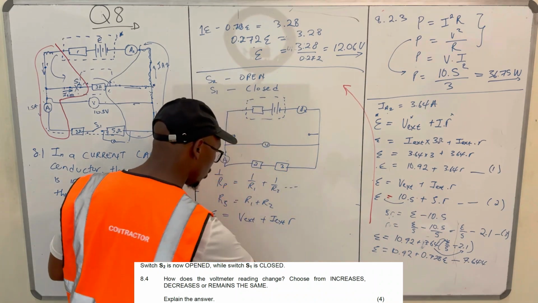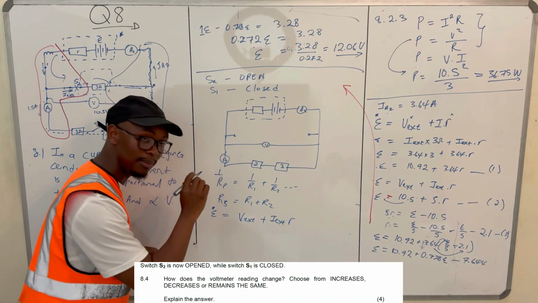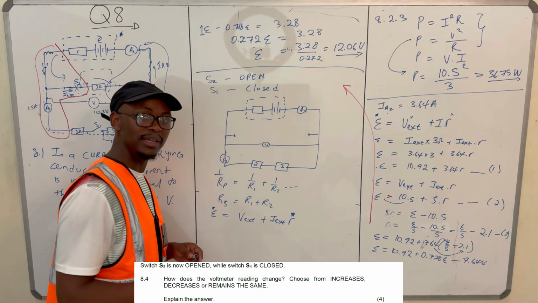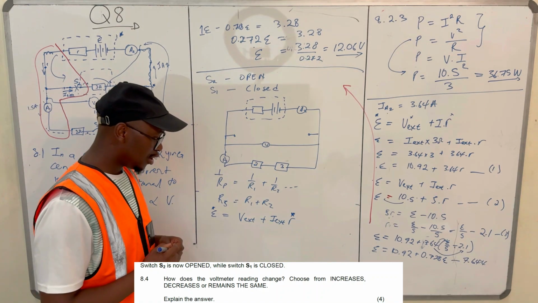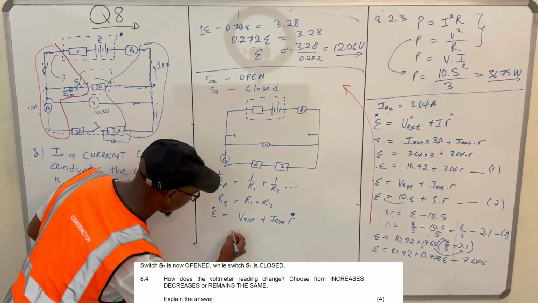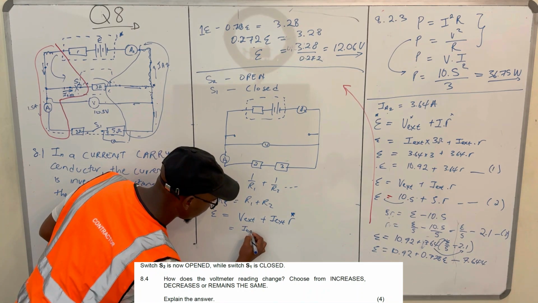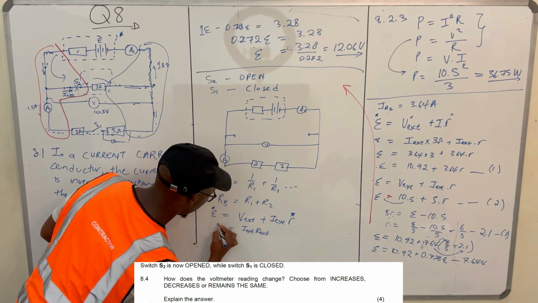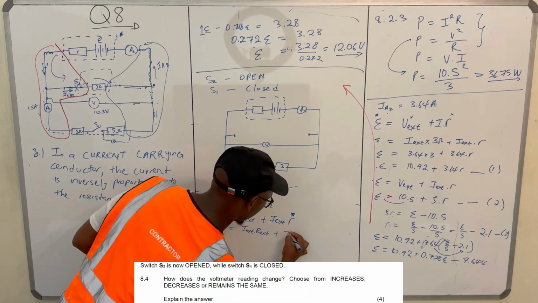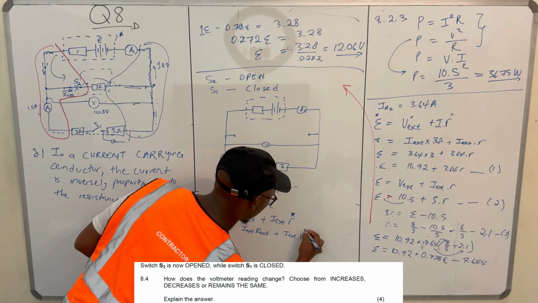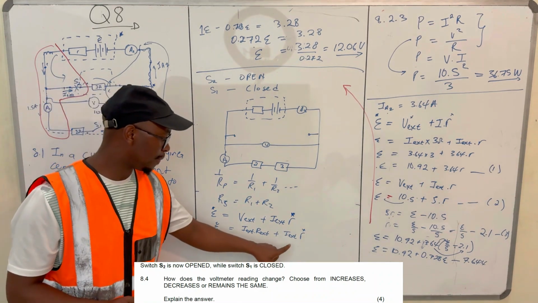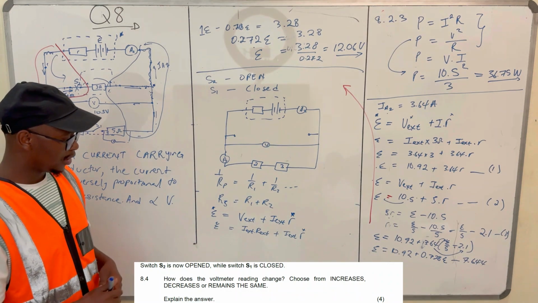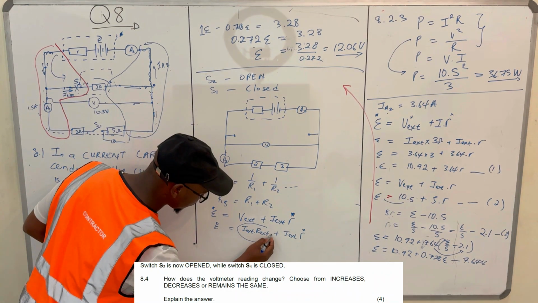Meaning, if we look at this equation, this side must always be maintained to be the same, and this must always be the same. So we're left with I external multiplied by R external. The guys that are changing here are these.